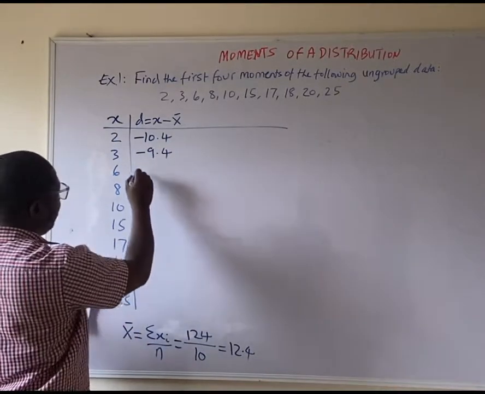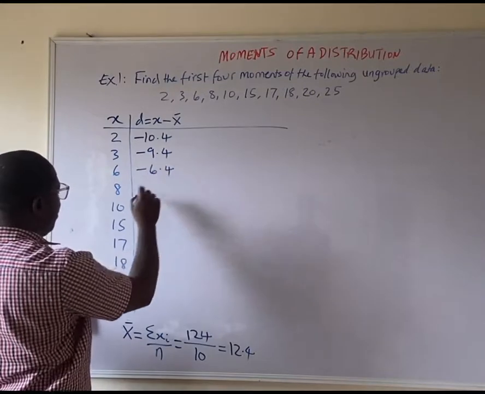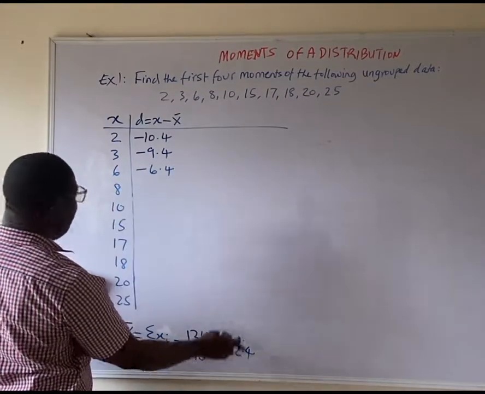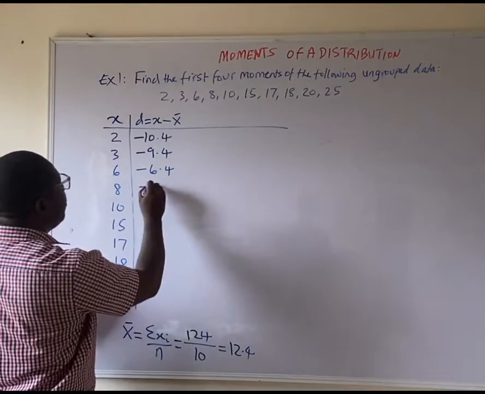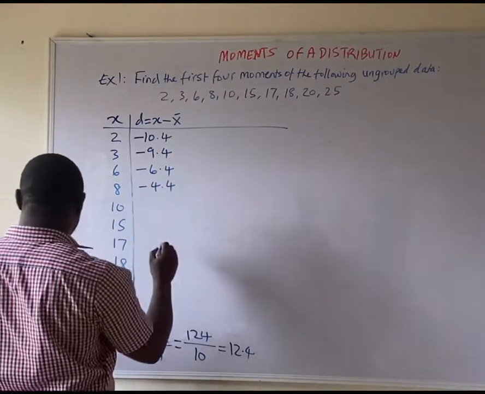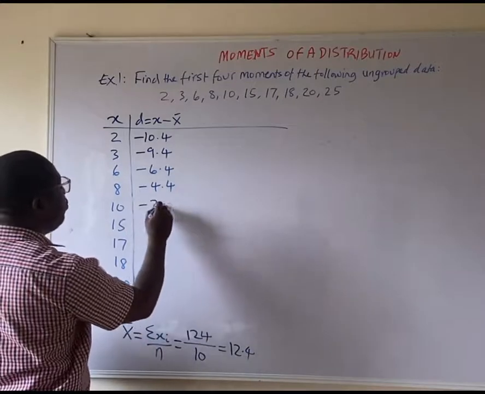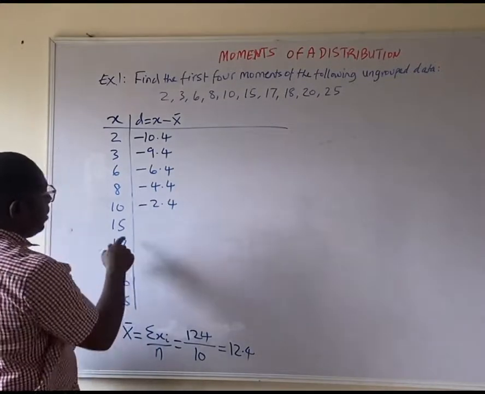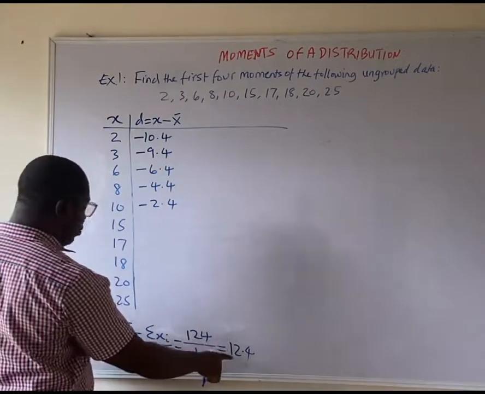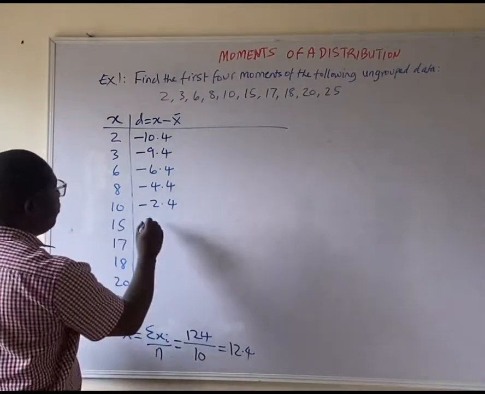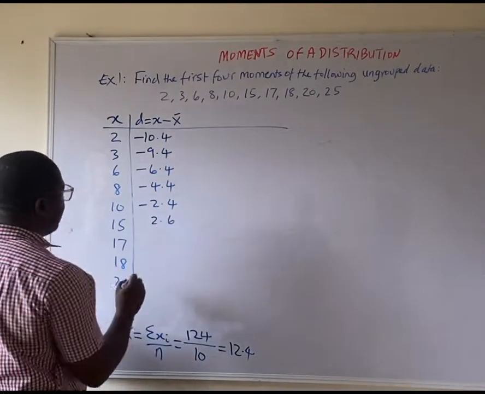The next one will give us minus 6.4. 8 minus 12.4 will give us minus 4.4. The next one, 10 minus 12.4 will give us minus 2.4. Then 15 minus 12.4 will give us 2.6.